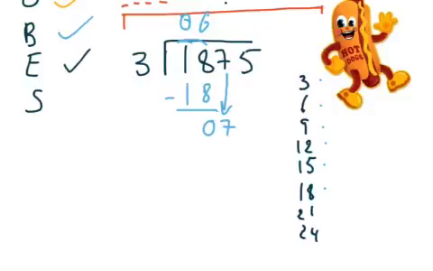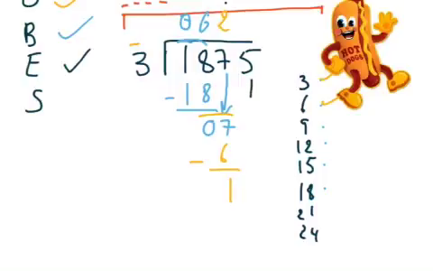And I can continue this way asking the question, does 3 go into 7? So I'll look at my multiple list. It goes 1 time. It goes 2 times. Can't go 3 times. 3 times 3 is 9. It's too big. So it's going to go 2 times. I'm going to get 6. Get my remainder. It's 1.